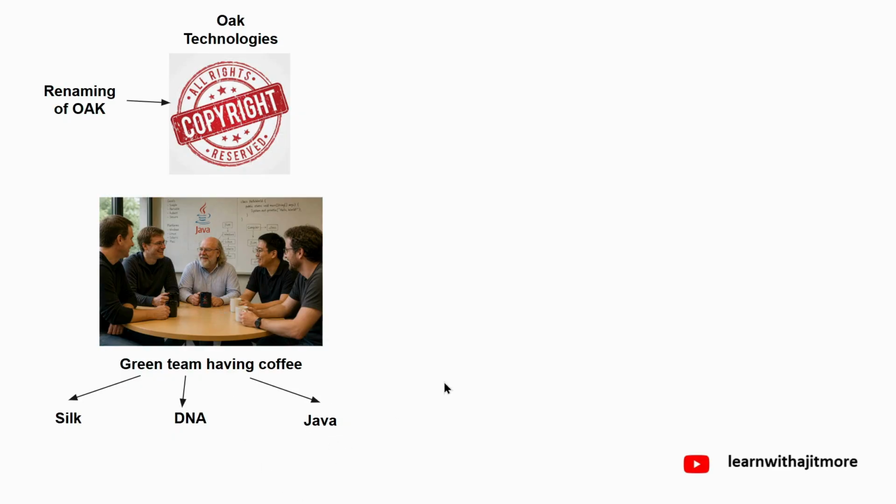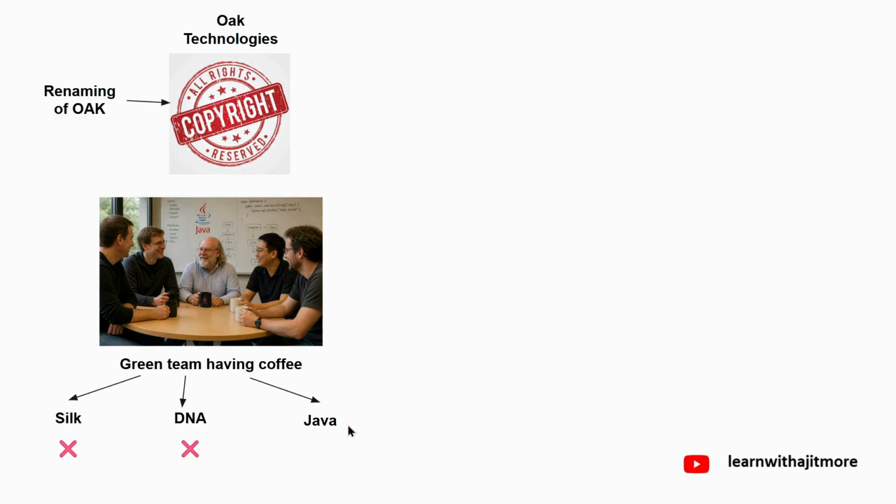It is in Indonesia, and it is the world's best coffee bean produced on that island. Okay, Java Island, which is in Indonesia. So these people had the habit of drinking coffee, especially of those Java beans only. So now they concluded that let's rename our language as Java.